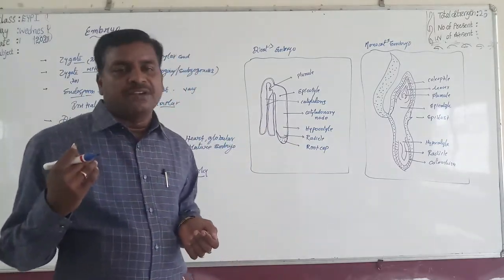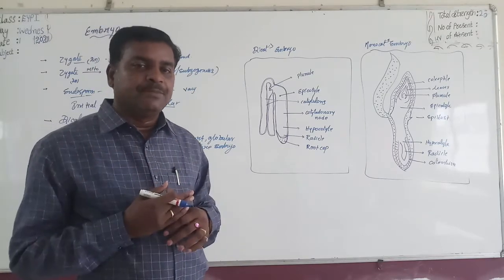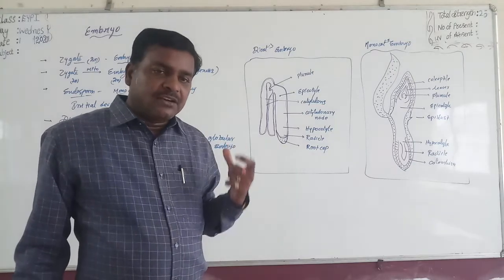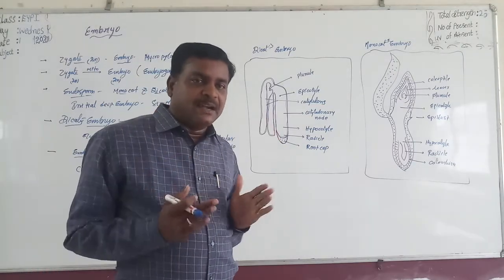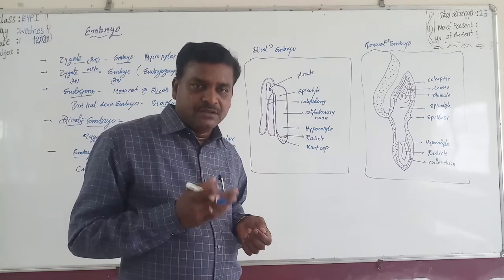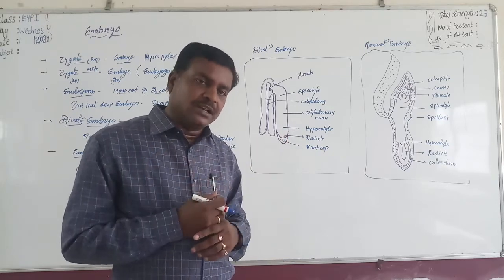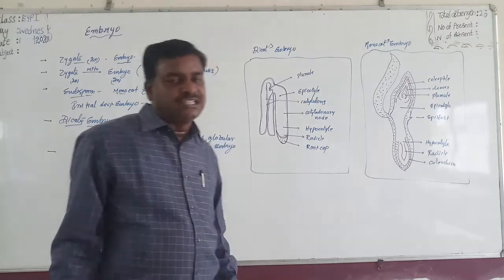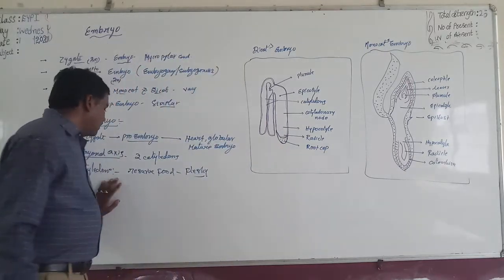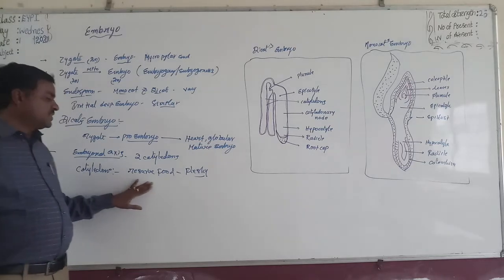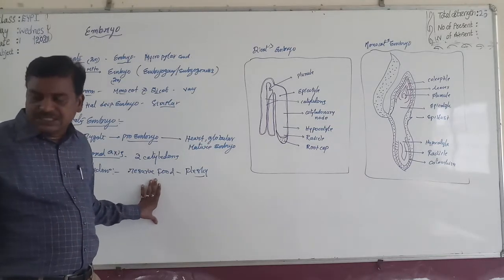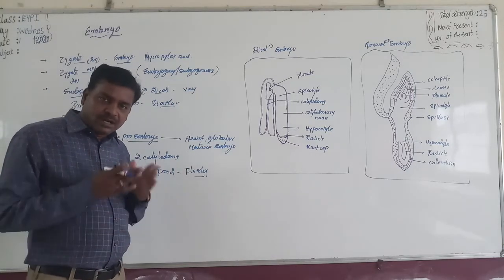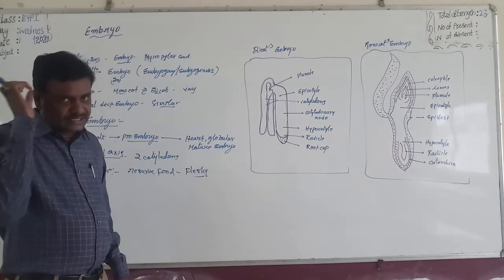Why are the cotyledons of dicotyledonous seeds very fleshy? Because in most dicotyledonous seeds, food material is stored inside the cotyledons, so they become succulent and fleshy. In this way, there are two cotyledons and one embryonal axis.